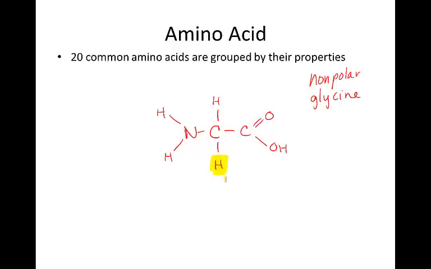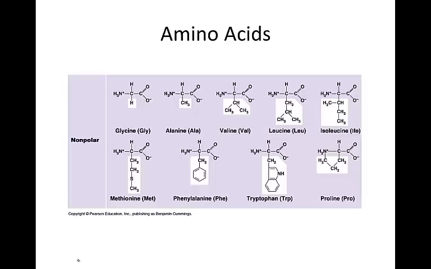So there's our R group. And that is glycine. Let's take a look at a few other non-polar amino acids. So glycine, the one we just looked at, alanine, valine, leucine, isoleucine, methionine, phenylalanine, tryptophan, and proline.